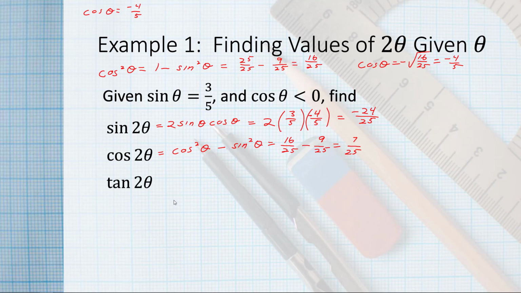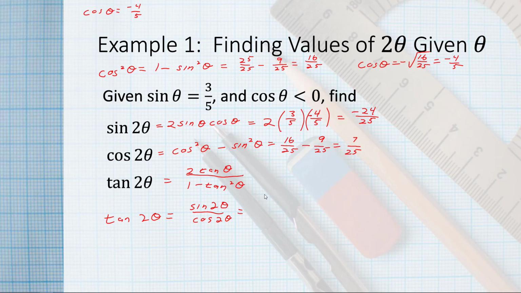Now for tangent 2 theta, we can go ahead and use the identity that this is equal to 2 tangent of theta divided by 1 minus tangent squared of theta. But we really don't have to, do we? Because tangent of 2 theta, using the quotient identity, is equal to sine of 2 theta divided by cosine of 2 theta, which we have already computed.